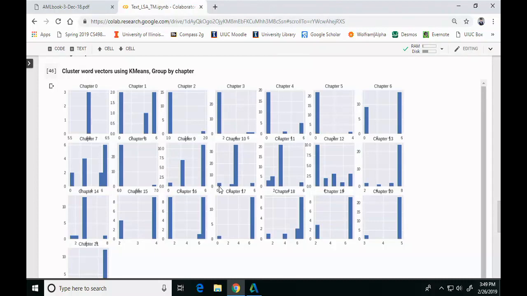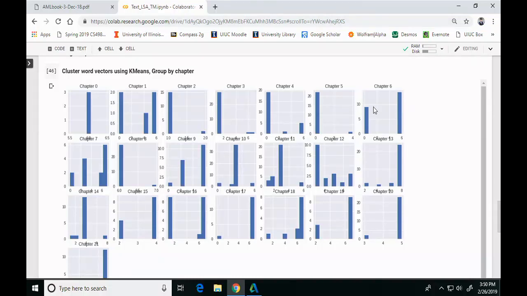So for each one of these graphs, it's basically the set of pages in a chapter. Each page got into a single cluster. What we'd like to see is that a given chapter will mostly belong to a single cluster. That's not guaranteed, there's nothing that enforces that, but that's what we would like out of the clustering. So we generally see that.